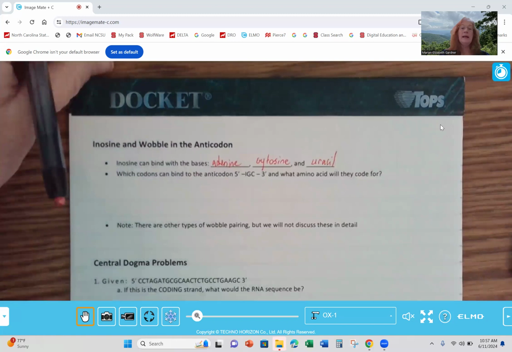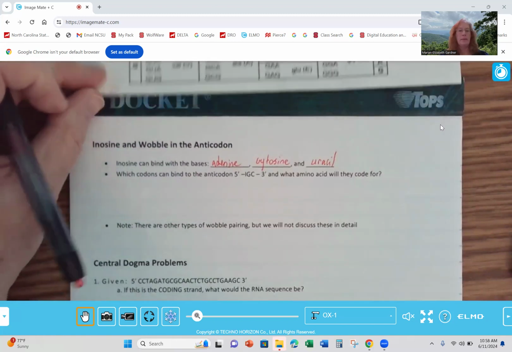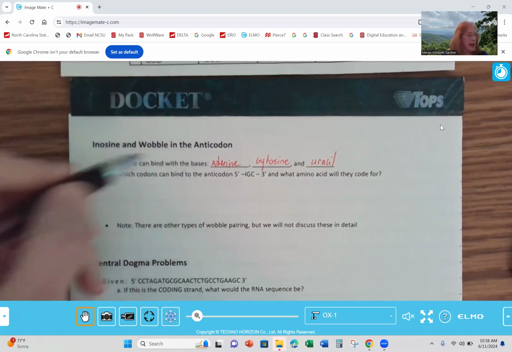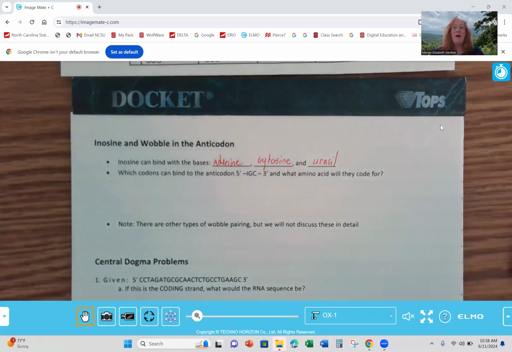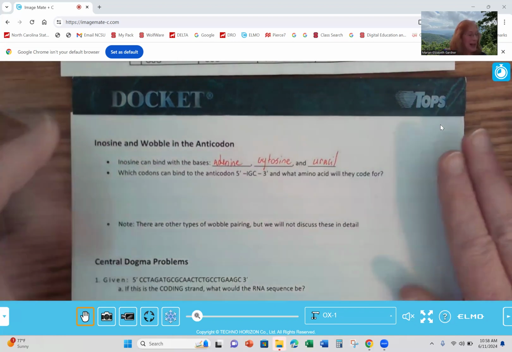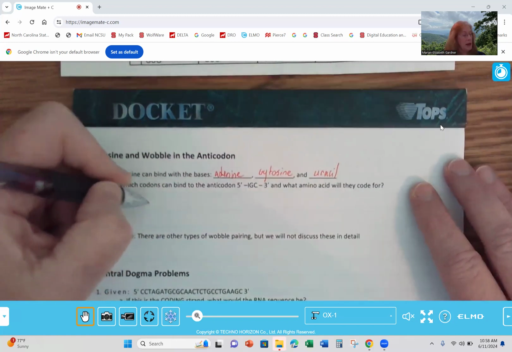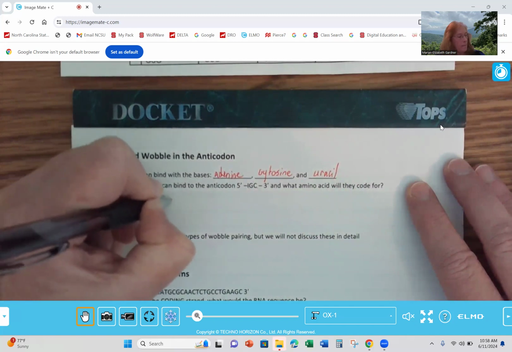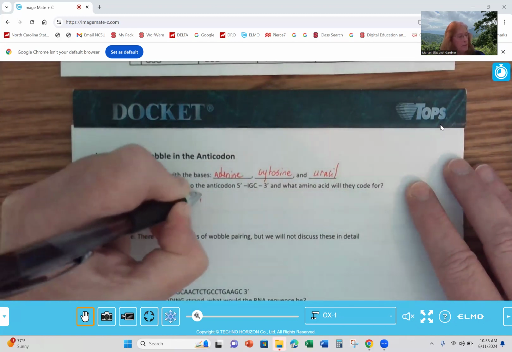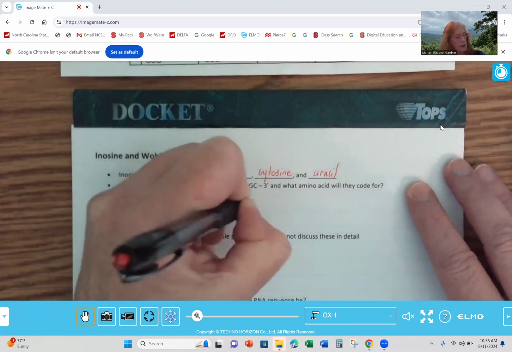So let's see if we can use inosine to explain some, it won't explain all, of the degeneracy. So for example, say I had the anticodon IGC. We might wonder what amino acid would be on that particular transfer RNA that contained this anticodon. So the easiest way for me to think about doing this is take the anticodon and rewrite the anticodon, so it's 3' to 5'.